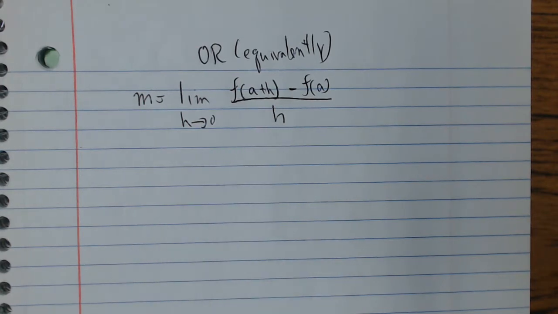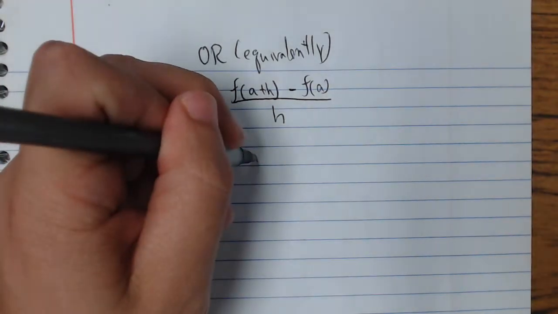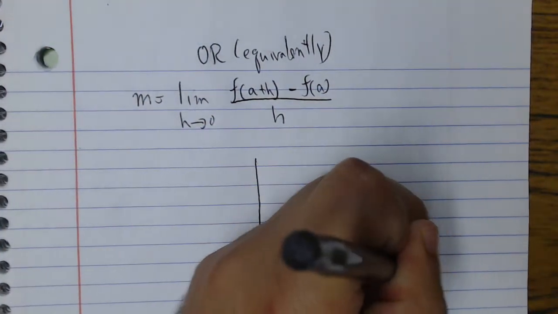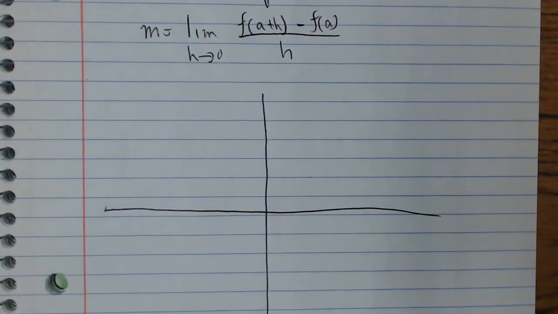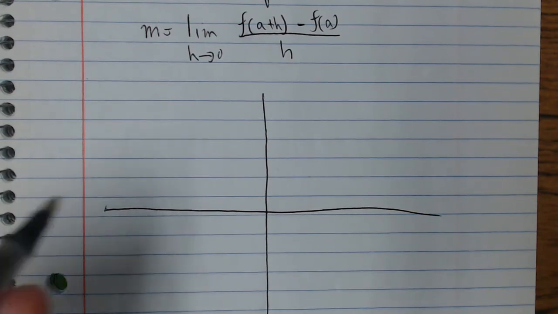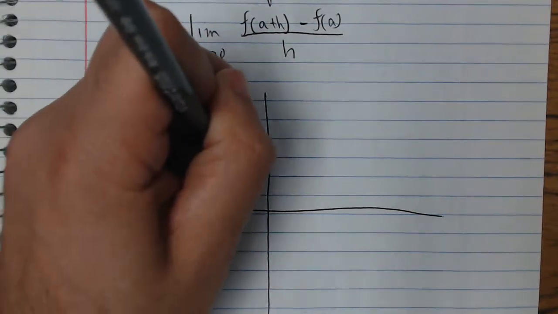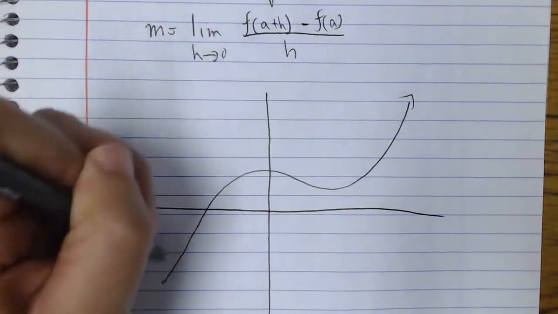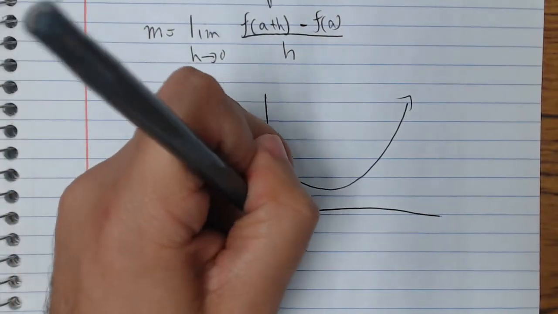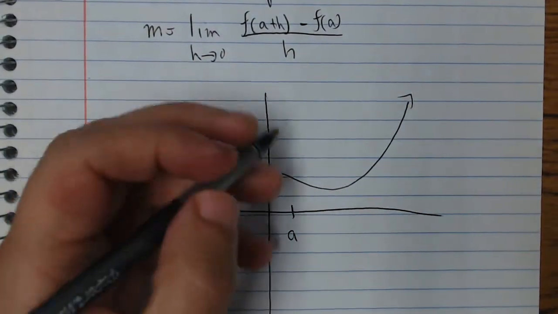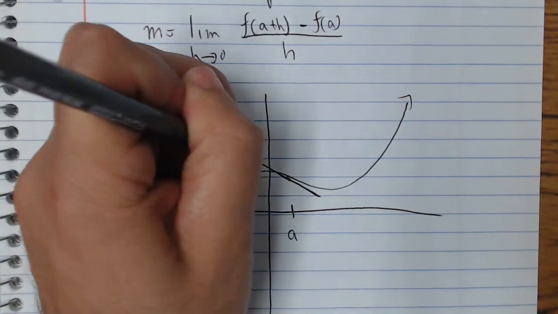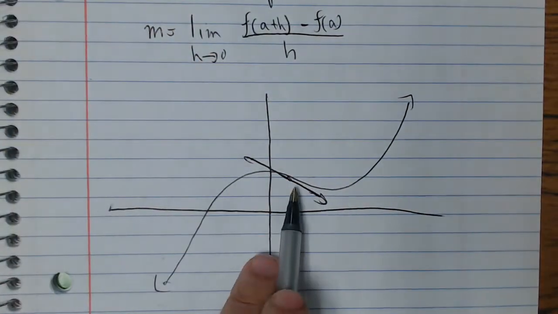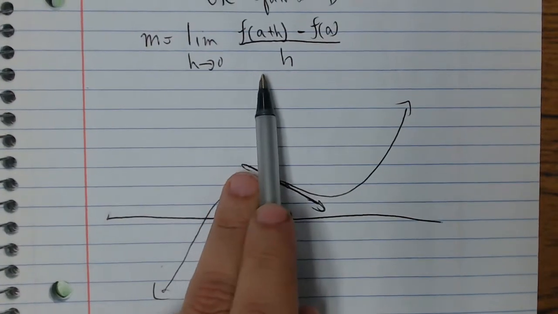So the picture shouldn't change. So visually speaking, the notation looks different, but it's still the same thing as the picture I drew out earlier for you. So if you think about it, if I were to grab the same graph, and let's say this is a, and my goal is to find the slope of this tangent, which is practically what we did earlier on with the other notation.